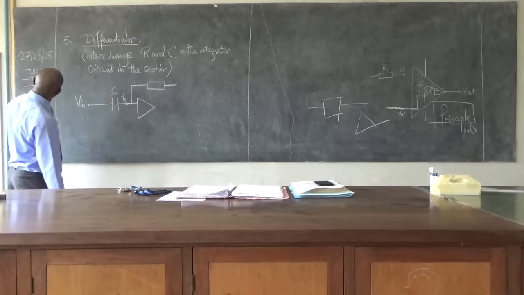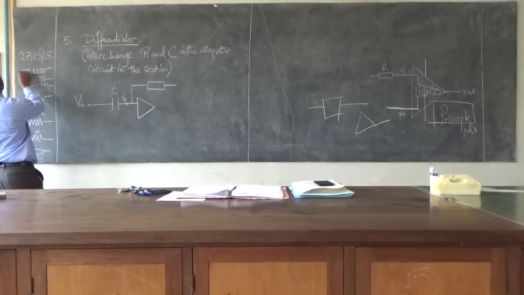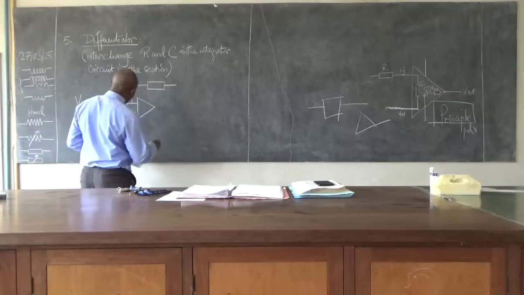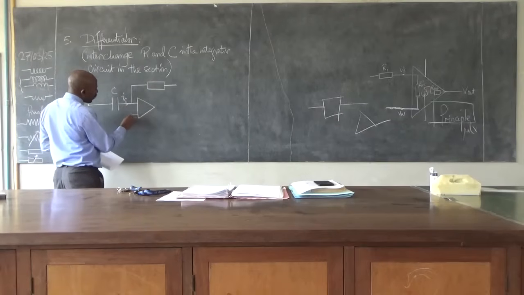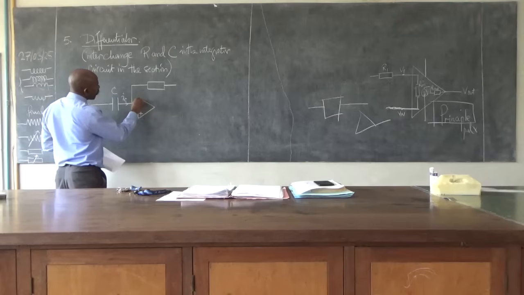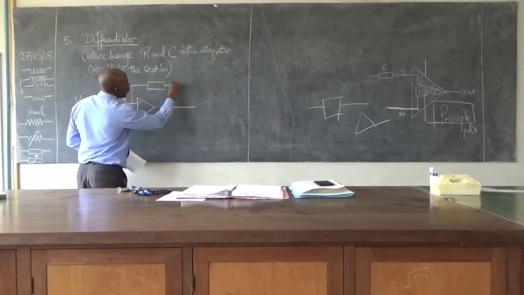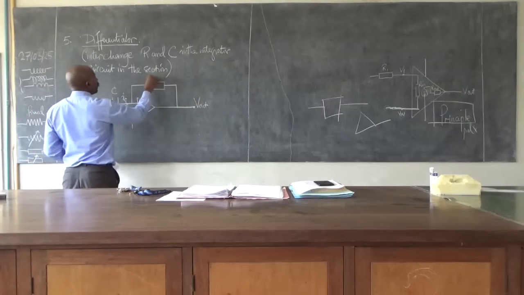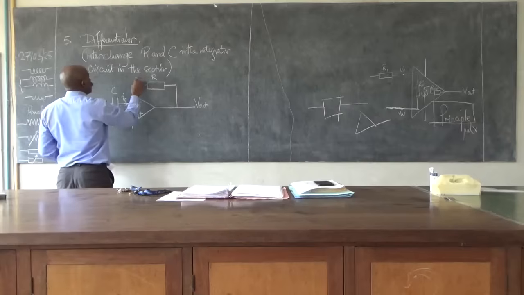But these two are better. Why would you make something which is almost upside down? And then we ground the non-inverting terminal, and then we have the output as our V out, V in, and then we have the R. This will be the IR.